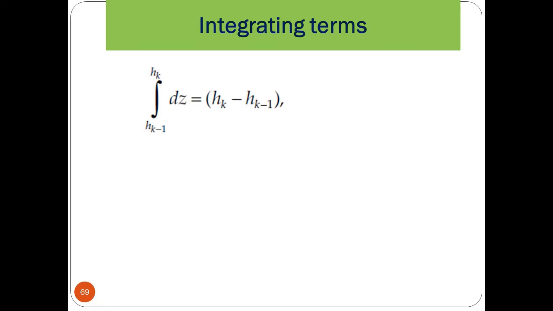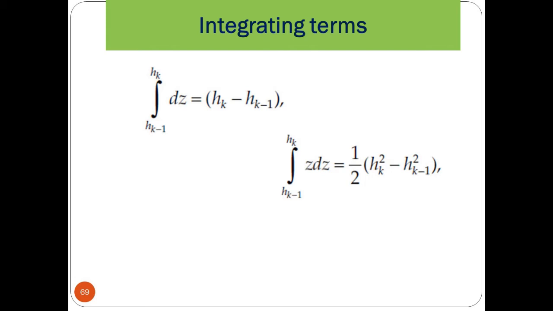Now these are the few integrating terms which are to be used for making an equation which will give us the correlation between the forces, moments and the stresses in order to find out the strains and the curvatures. So h(k-1) to hk, this should be integrated, dz equals hk minus h(k-1). Now we may obtain the second equation by integrating the first equation with respect to z.